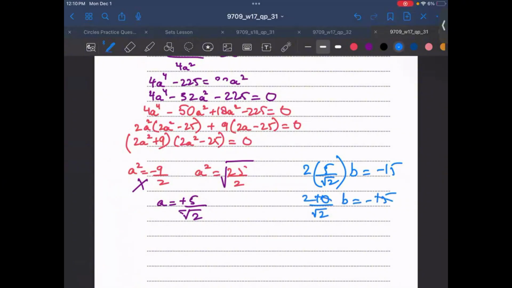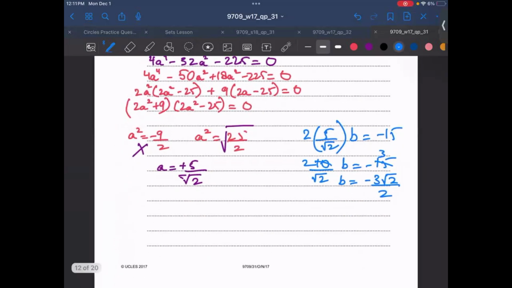So one of the values of b will be minus 3 root 2 upon 2. And the other value of b: now we'll substitute the negative value of a, so minus 5 upon root 2 times b is equal to minus 15. Minus minus will cancel out, and we'll just get a positive answer, that will become positive 3 root 2 upon 2.